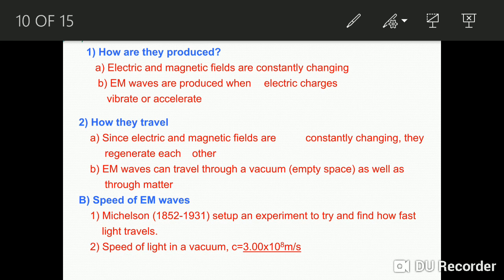How do they travel? Since the electric and magnetic fields are constantly changing, they regenerate each other. Electromagnetic waves can travel through a vacuum, that is empty space, as well as through matter. Next one, the speed of an electromagnetic wave is found to be nearly equal to the speed of light, that is c is equal to 3 into 10 to the power 8 meter per second.